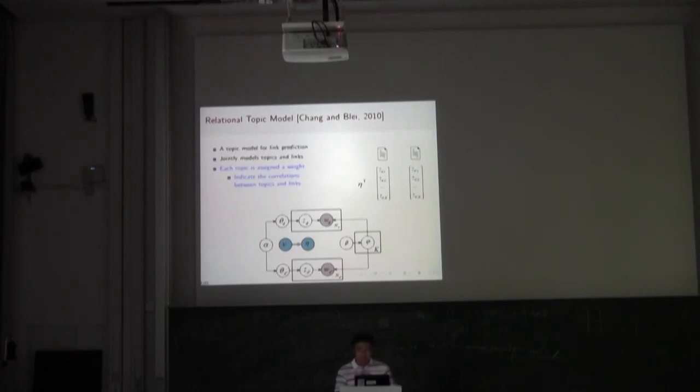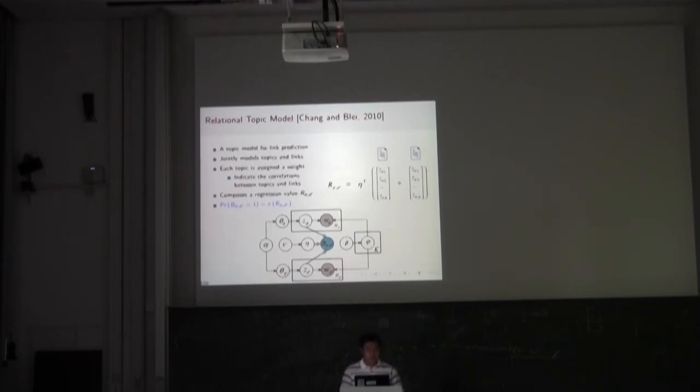For example, if a topic has a high positive weight, then if the 2 documents have high proportions in this topic, then these 2 documents are very likely to be linked. So then the relational topic model composes a regression value based on this weight factor and the 2 documents' topic distributions, then puts this regression value into a sigmoid function to compute the probability of the link.